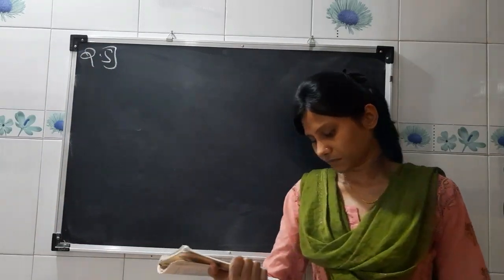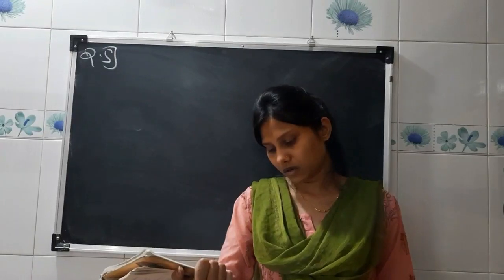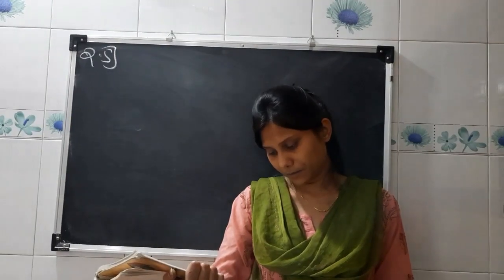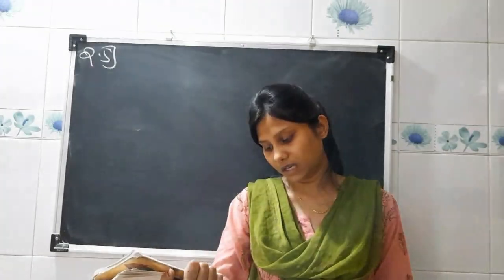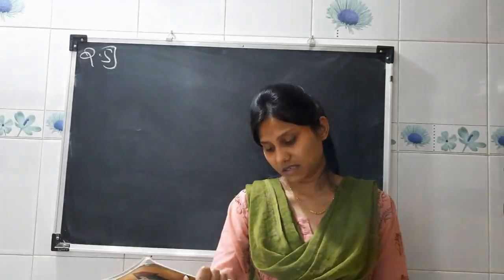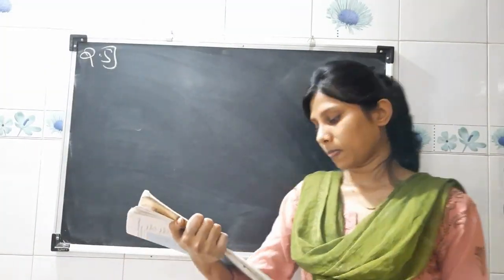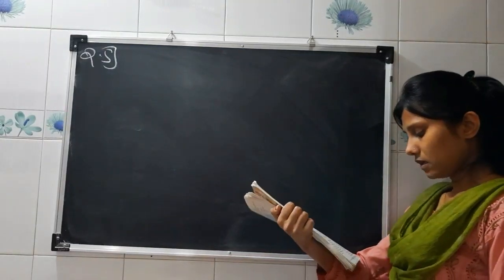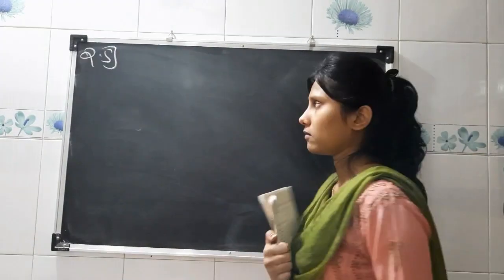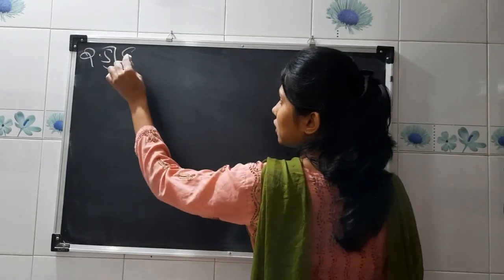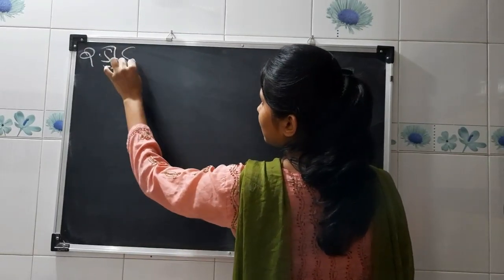Fifth, Sanju completes 12 rounds around a square park every day. If one side of the park is 120 meters, find out in kilometers and meters the distance that Sanju covers daily. Okay. They have given you, if one side of a park is 120 meter, so the park is of square shape.